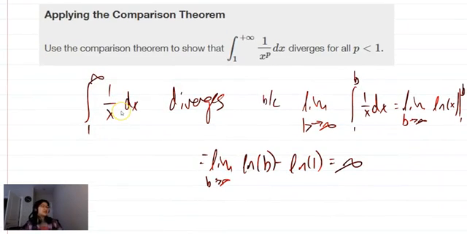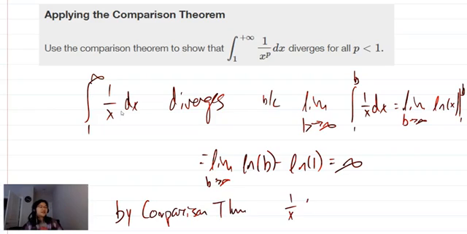So by the comparison theorem, since we know that 1 over x is less than 1 over x to the p for all p that are less than 1, because when you have 1 over x versus 1 over root x, it's going to be a bigger function.